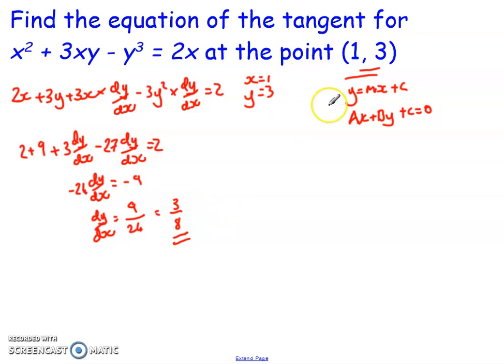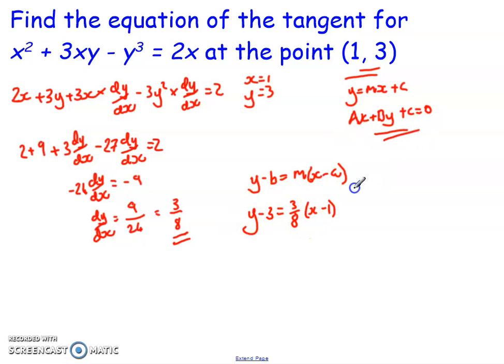What I can do is substitute it into the equation of the line along with the point and get the answer I'm after. So let's go for the format y minus b equals m, bracket x minus a as my starting point. I know the a and the b come from here, and the m is the gradient. So I know y minus 3 equals 3 over 8, bracket x minus 1. Now because this is a fraction, I'm going to multiply both sides by 8 to get rid of it, and eventually I'm going to express my equation of the line in that format.